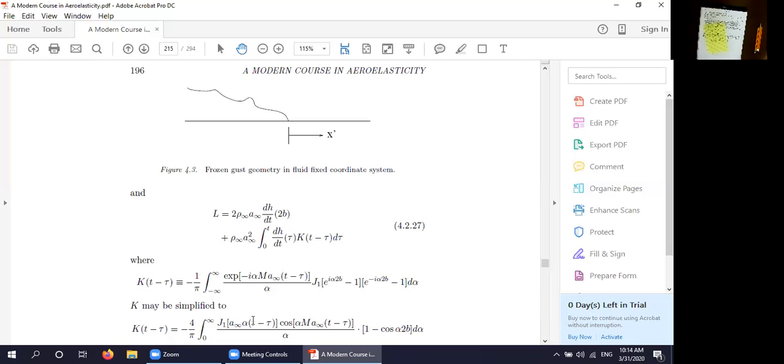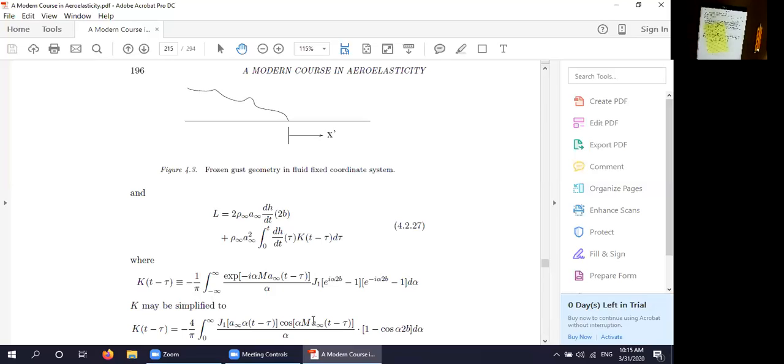And then in this Bessel function and this cosine function, these are the dimensional t and tau, but when you non-dimensionalize by multiplying the t and the tau by U infinity over 2b, then I need to divide by U infinity over 2b, and that will non-dimensionalize the alpha and also give me a factor that only involves the Mach number.